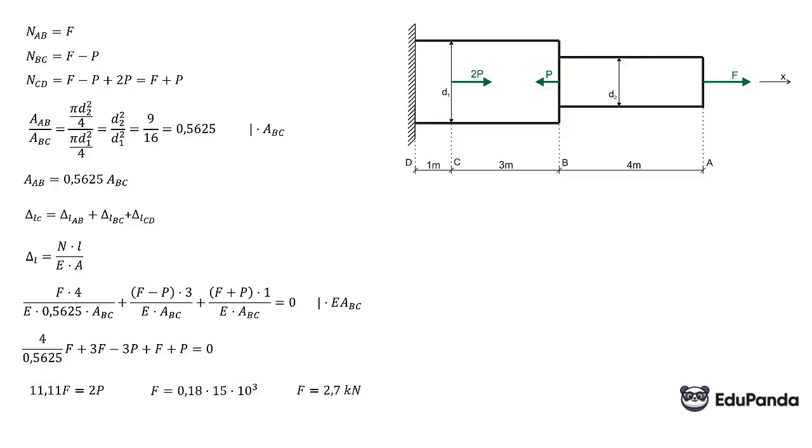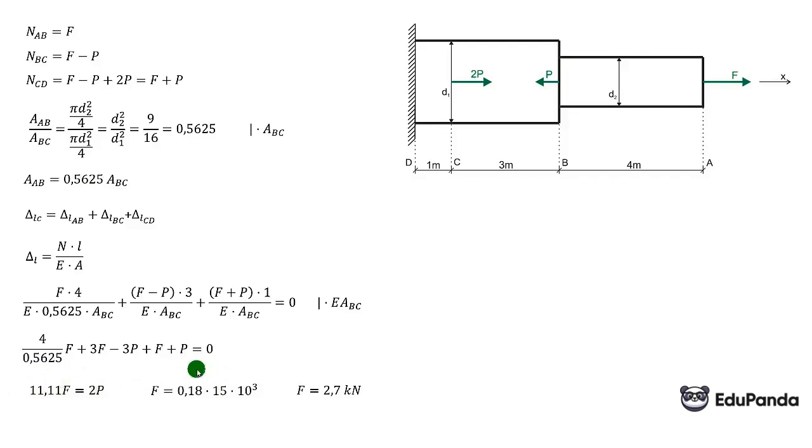We can do a check. Whether indeed if we give this force F 2.7 kN, then the total elongation will be equal to 0. Well, and it turns out that due to these roundings that were used here, even with this ratio, maybe not yet, but here 2 divided by 11.11.